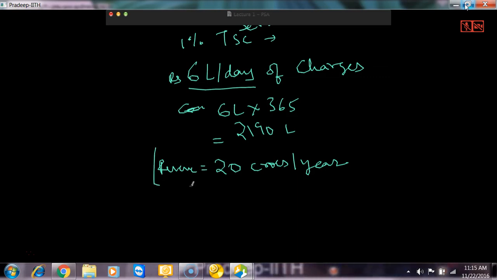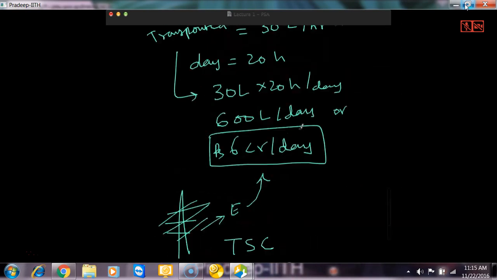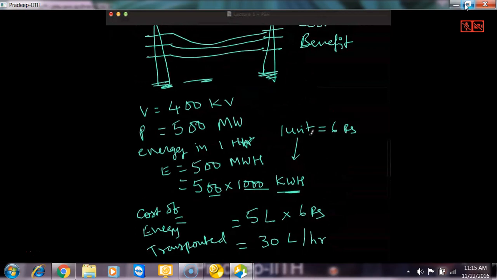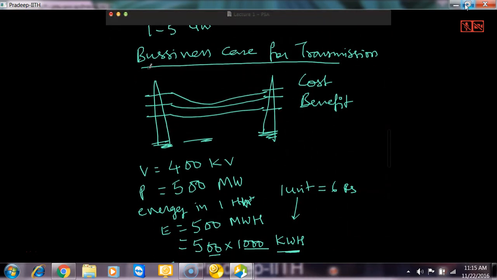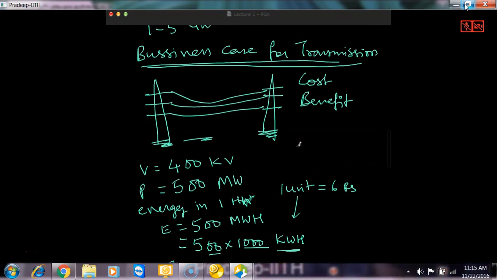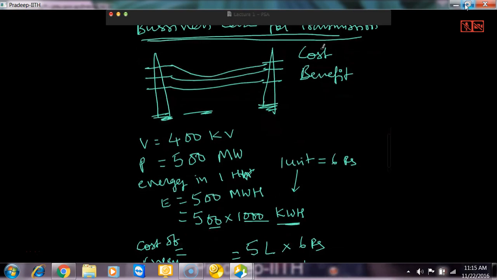So I hope up to here everybody is clear. Let me quickly revise what I was telling. I was talking about the business case for transmission. Consider a transmission line. First I want to calculate the cost and benefit. Right now I'm calculating the benefit. We have assumed the voltage level of the line and then the power capacity of the line.